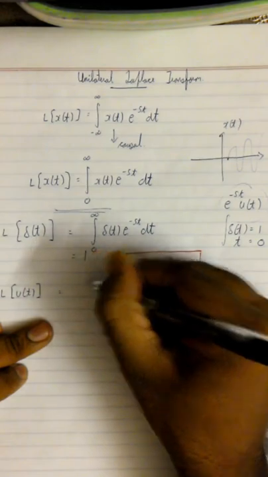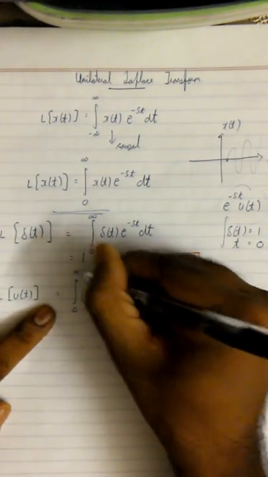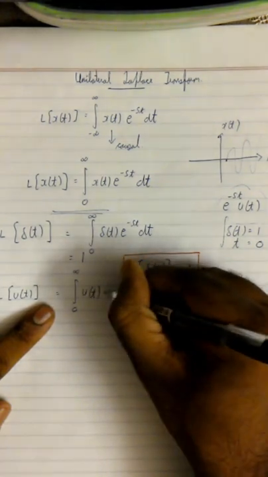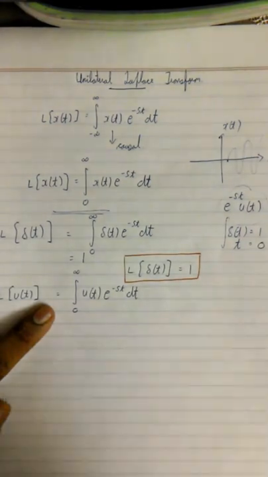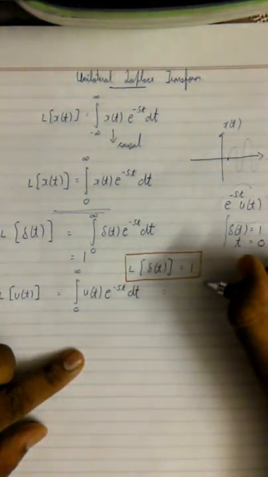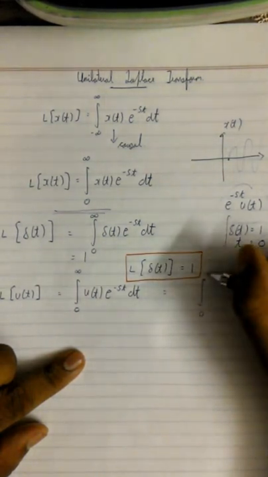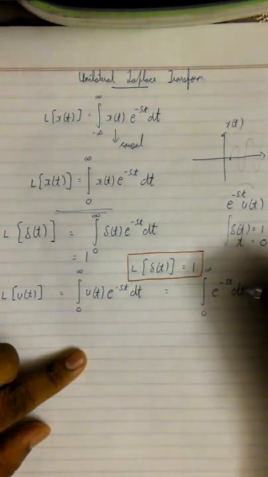So if I apply the unilateral Laplace transform to u of t, I will get the integral from 0 to infinity of u of t into e raised to minus st dt. The value of u of t from 0 to infinity is 1, so this becomes the integral from 0 to infinity of e raised to minus st dt.